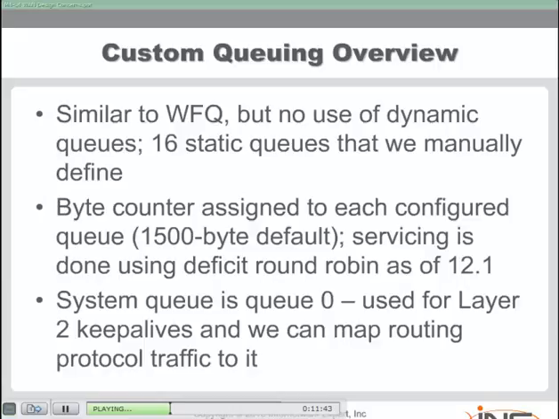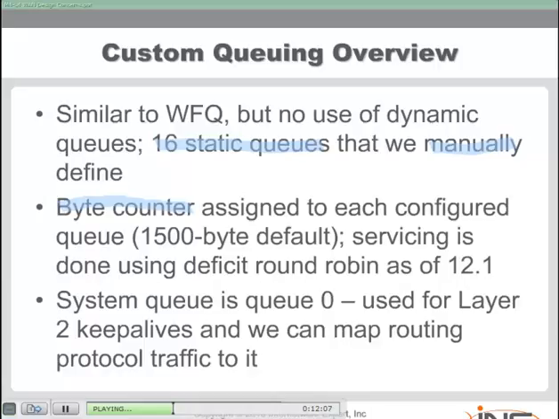Custom queuing is similar to weighted fair queuing, but instead you're going to define as the designer the 16 static queues. Up to 16 static queues can be defined. You then, as the designer, go ahead and assign a byte count for each queue.